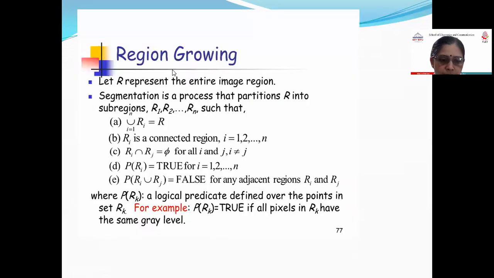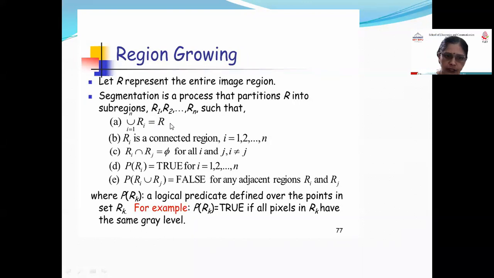For region-based techniques, we use some properties. Capital R represents the entire image region. Segmentation is a process that partitions R into sub-regions, say R1, R2 up to Rn, and the union of all these regions is R, that is, the entire image.